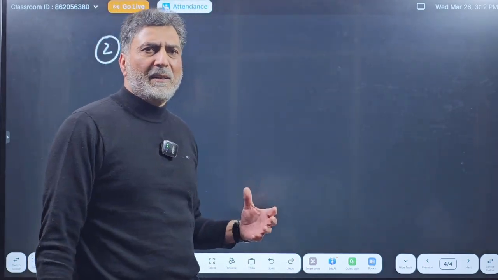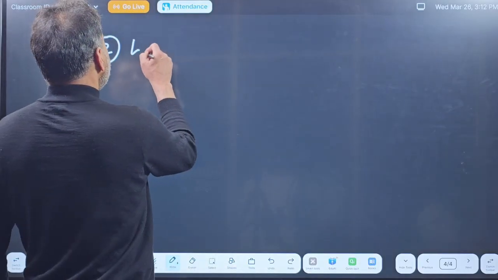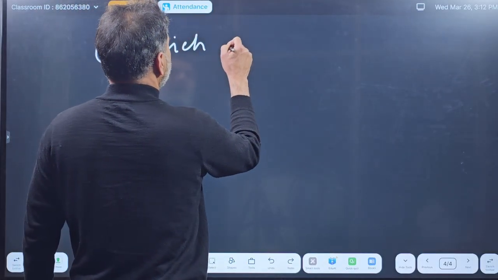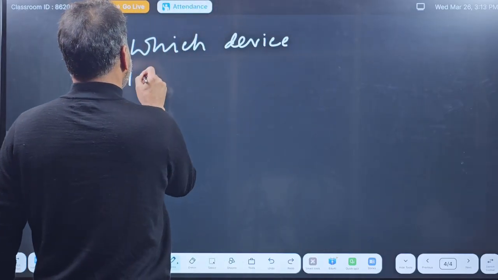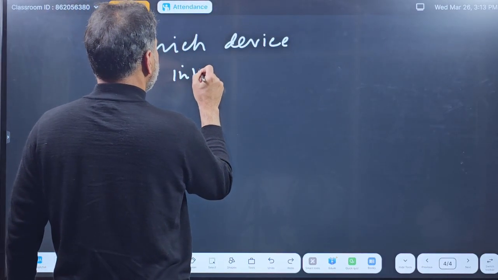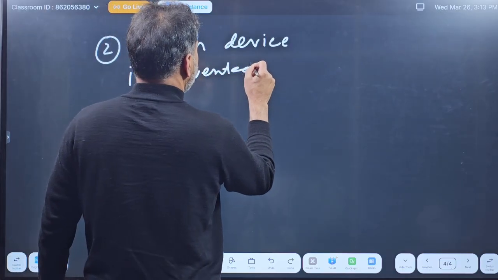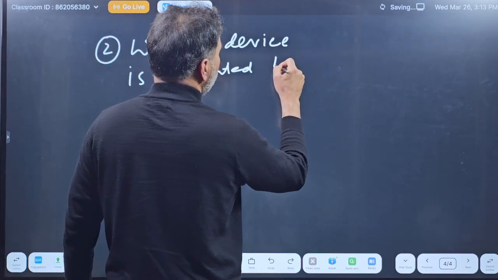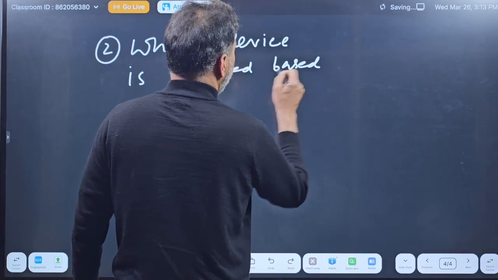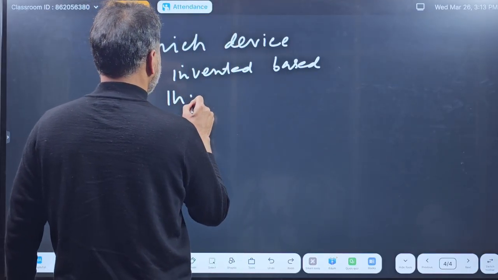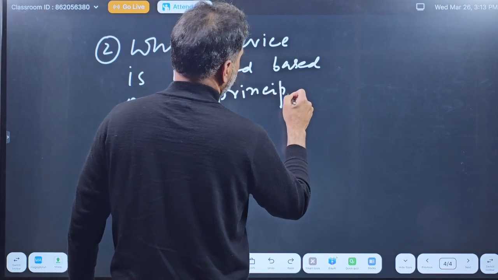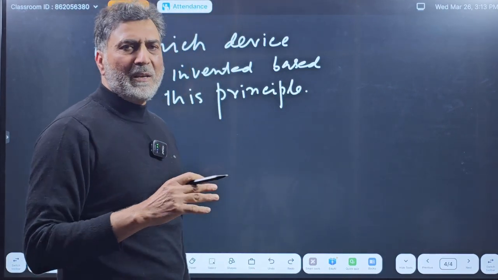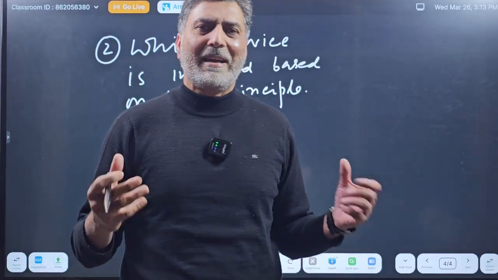Which device has been invented on this principle? इस प्रिंसिपल के बेस पर कौन सा इंस्ट्रूमेंट साइंटिस्ट ने डिजाइन किया है?